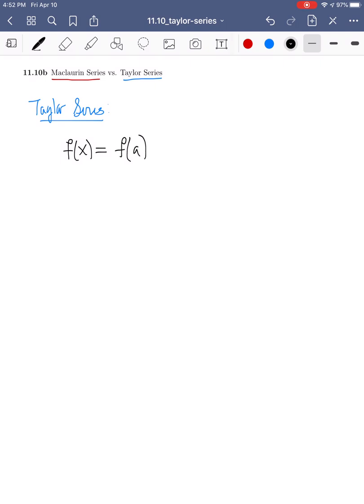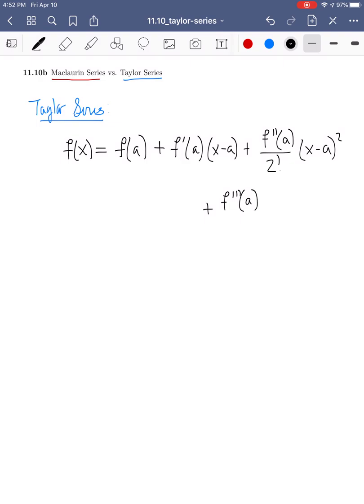We have the first term is our function evaluated at a, where we're centering our series around, followed by the first derivative evaluated at a, times x minus a to the first power, plus the second term, which is a second derivative, evaluated at a, all over 2 factorial, times x minus a squared, plus the third term, which is the third derivative, evaluated at a, all over 3 factorial, times x minus a cubed, and so on.